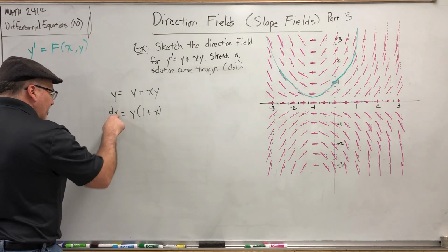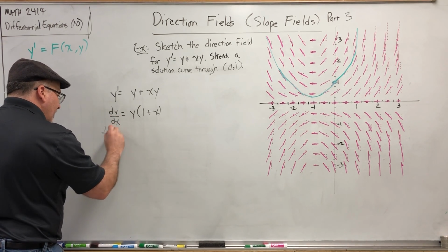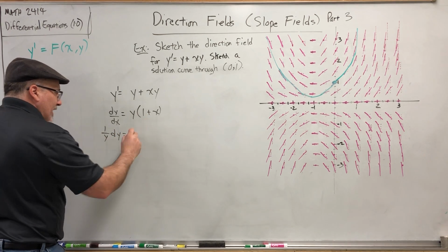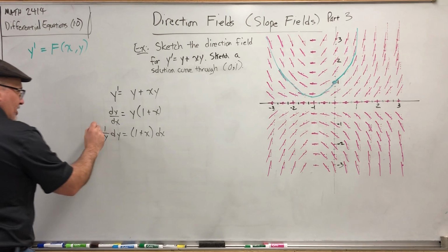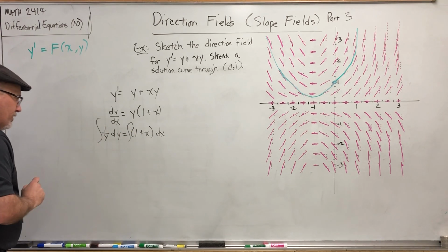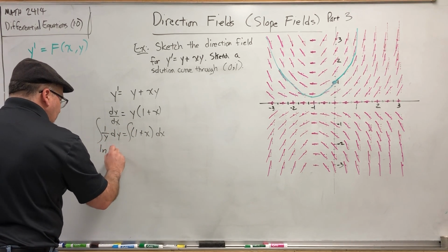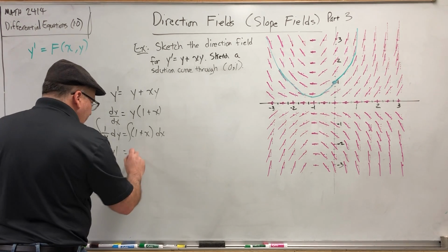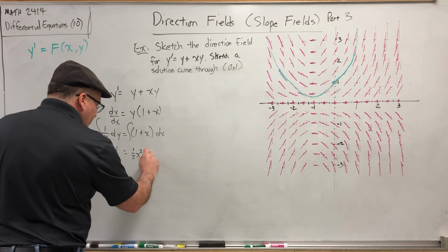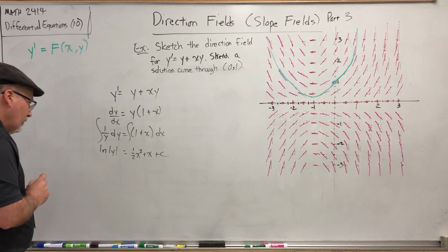We'll have to divide both sides by y, so we'll put 1 over y on the left with the dy, and multiply the dx to the other side. And if we integrate both sides, the integral of 1 over y is the natural log of the absolute value of y. And the integral of 1 plus x is going to be 1/2 x squared plus x plus a constant.